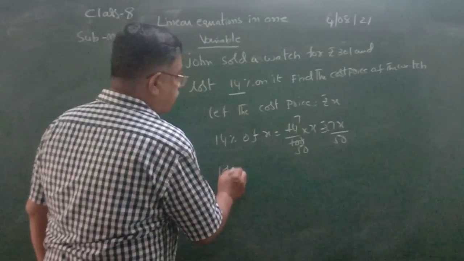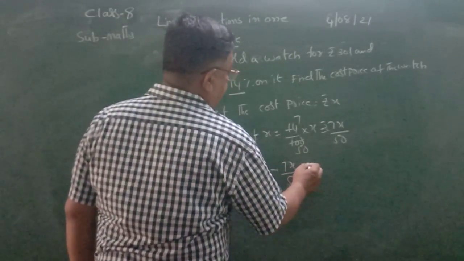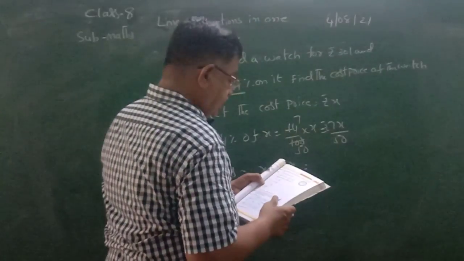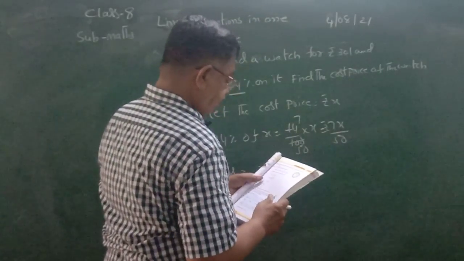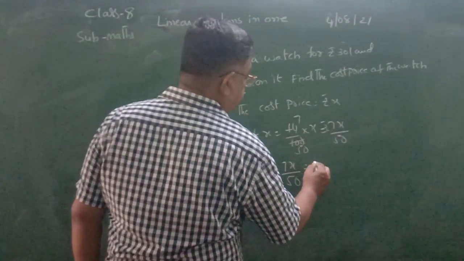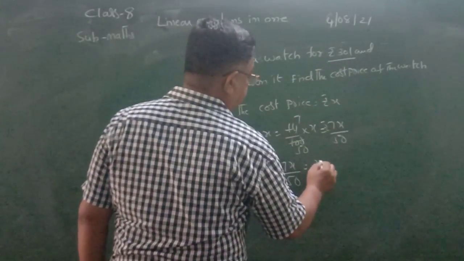Loss is equal to x minus 7x by 50. And the difference of cost price and the loss is equal to how much? That is the amount paid. How much it is? 301.